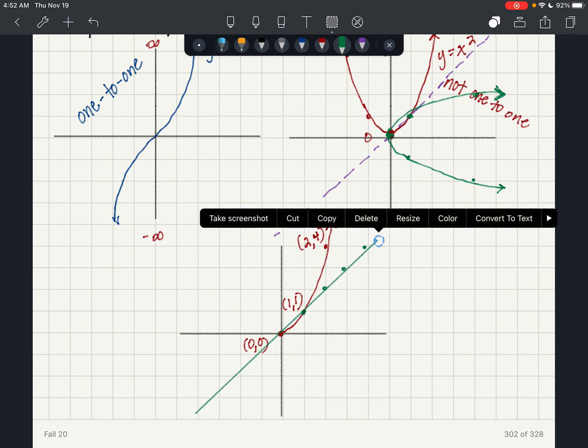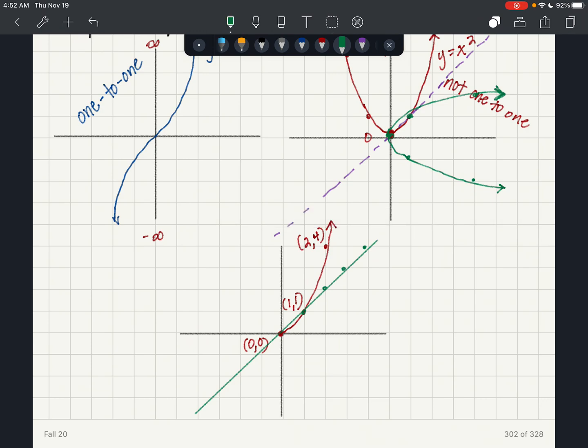It's going to be symmetrical about the line y equals x. So this is the line y equals x. So even if I just have these ordered pairs and I wanted to draw the inverse function, let's be very clear, this red curve does have an inverse function because the red curve passes the horizontal line test. To find the inverse without using an equation, I can simply reverse the inputs and outputs. So 0, 0, 1, 1, and then 4, 2.